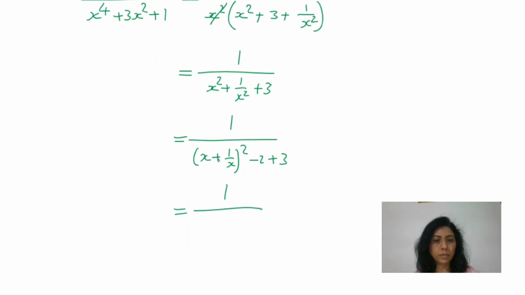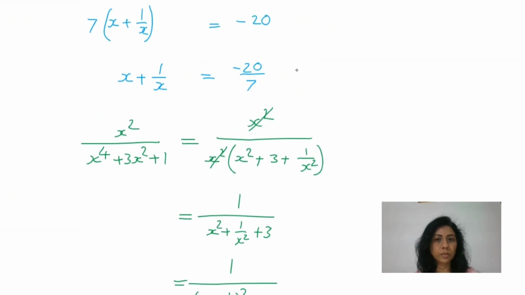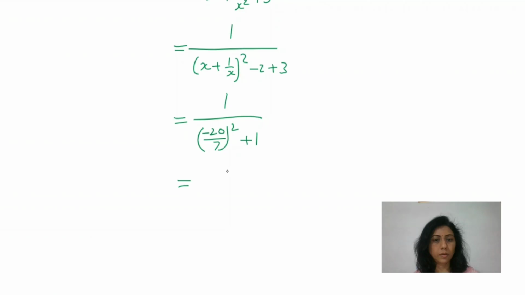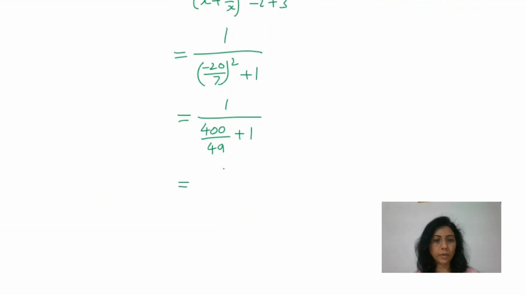The value of x + 1/x we can substitute from here: −20/7. So (−20/7)² − 2 + 3, and −2 + 3 is 1. So 1 upon (−20)² is 400 and 7² is 49, plus 1.